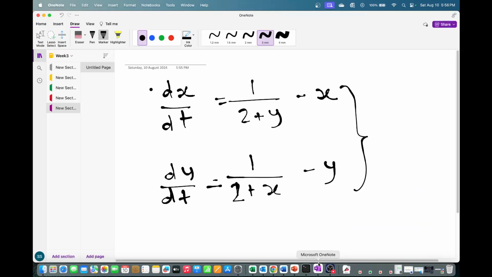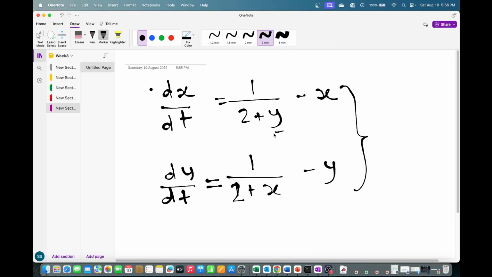Sorry, I'll put the equations up again. It's quite simple if you see both the equations. For example, dx/dt. Does dx/dt increase when y is increasing?